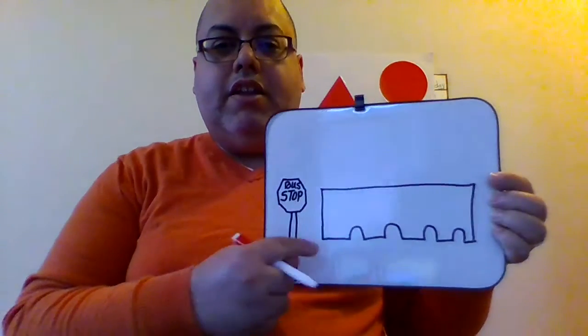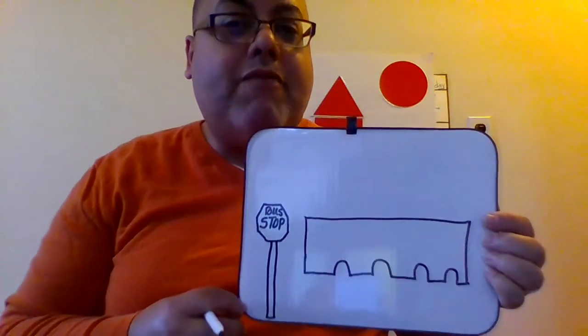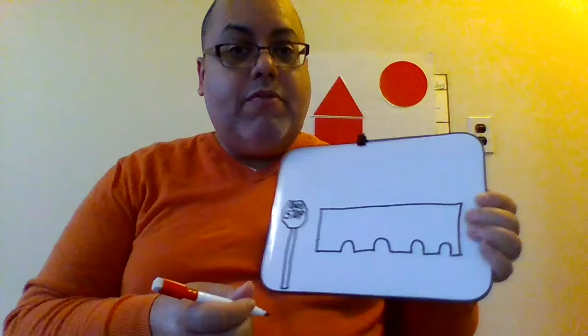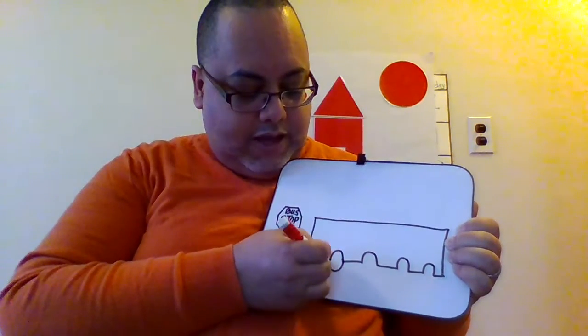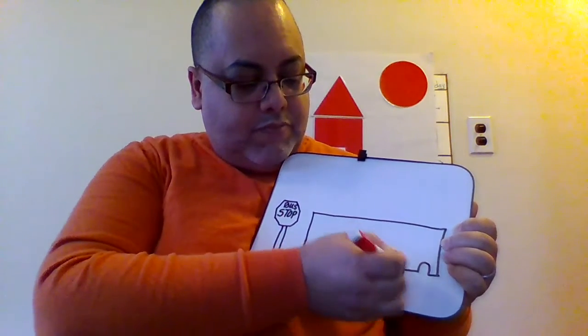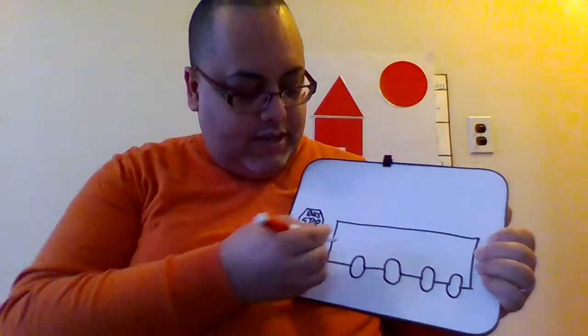This rectangle has to have a little bit of cutout here, because this bus needs to have what? Wheels. What shape are the wheels? Circle. So I need to close my circles, because a bus has many tires, not just 4. There are many tires behind the other ones.